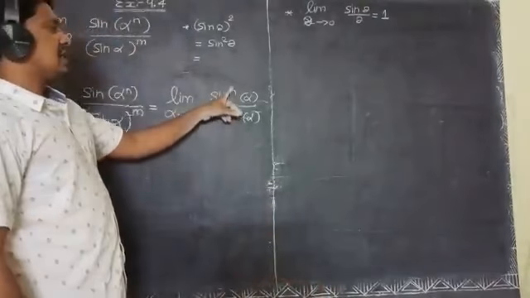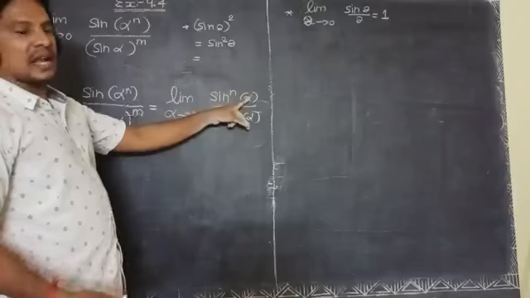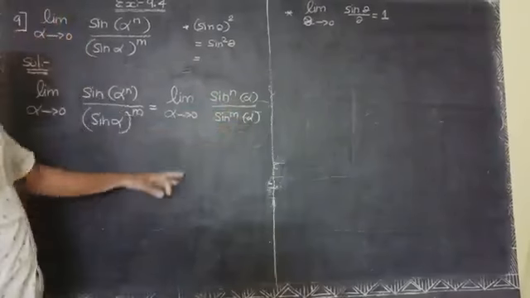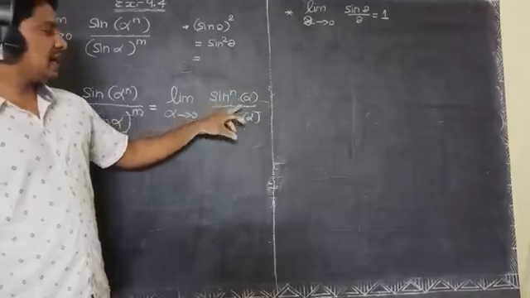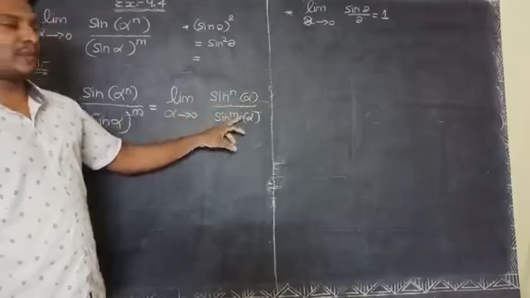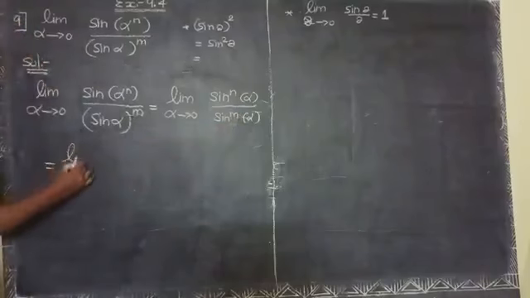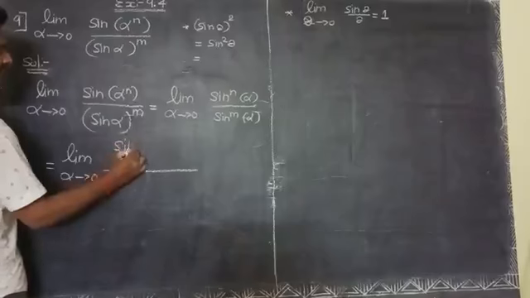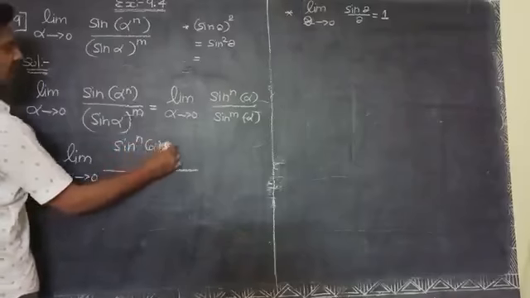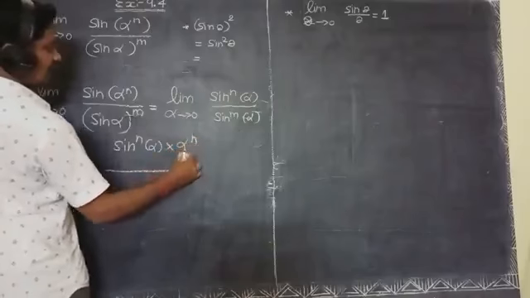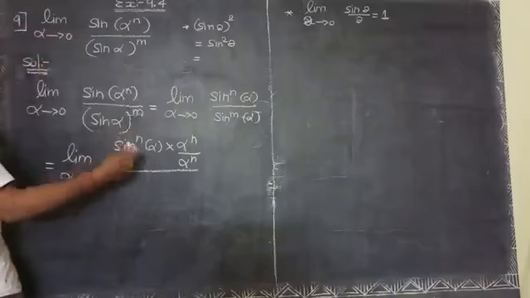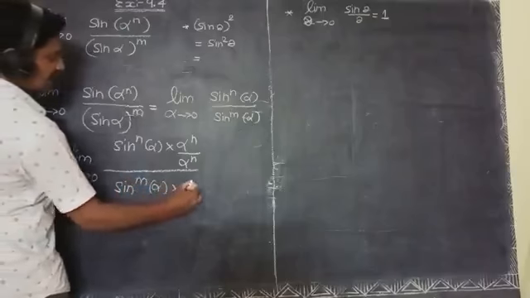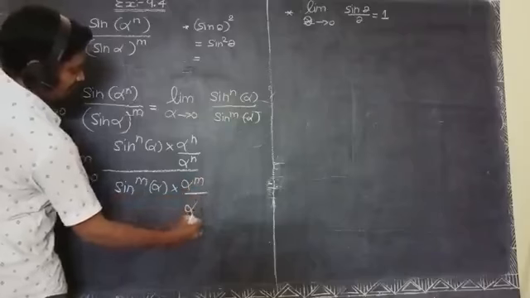In the numerator we take alpha power n, and the denominator is alpha power m. Multiply and divide by alpha power n in the numerator, and by alpha power m in the denominator. That is limit alpha approaches 0, numerator sine power n alpha multiplied by alpha power n divided by alpha power n, and denominator sine power m alpha into alpha power m divided by alpha power m.